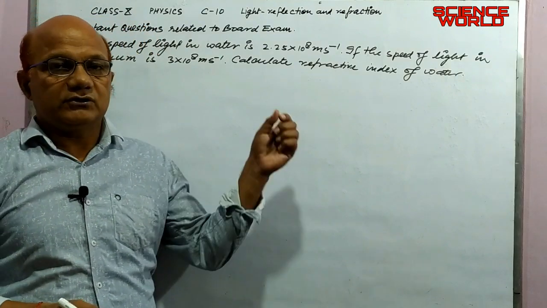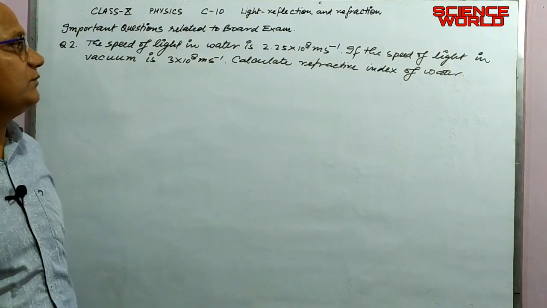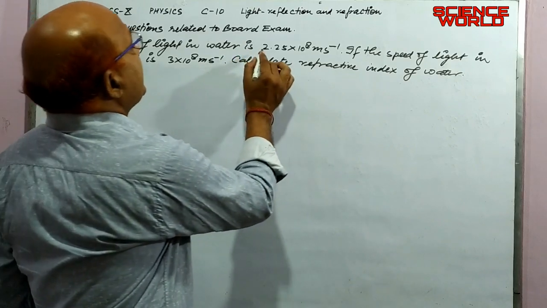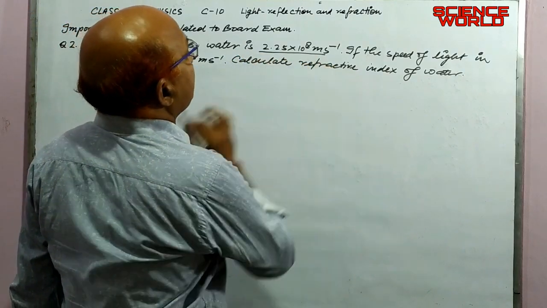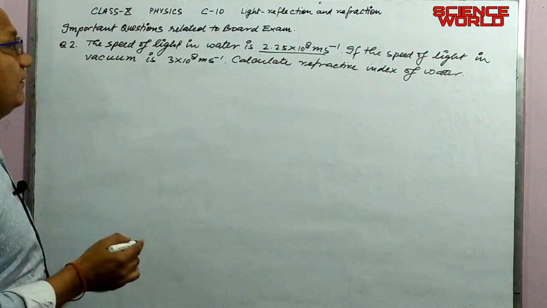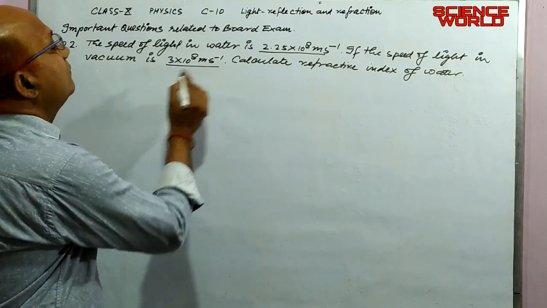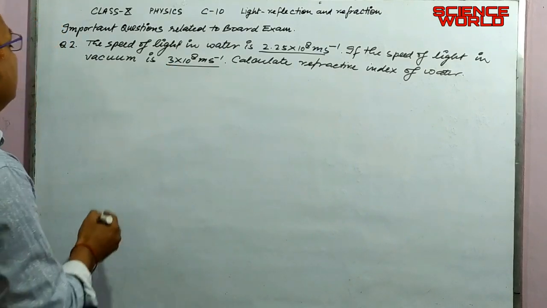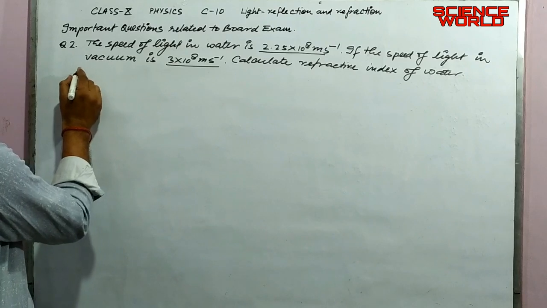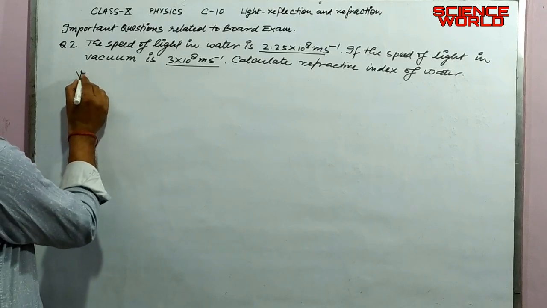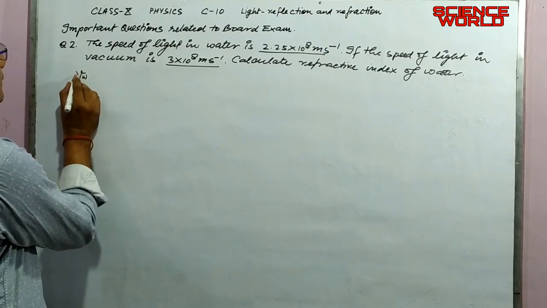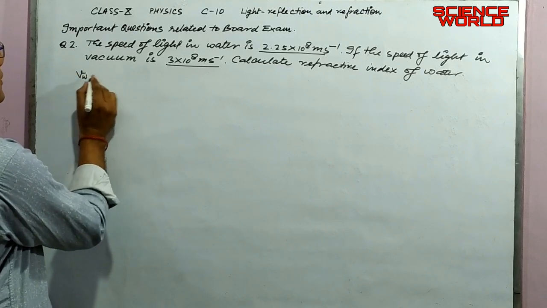Now, first of all, we will note what values are given. Speed of light in water is given and speed of light in vacuum is also given. So, speed of light in water, you can write v_w, w means water.